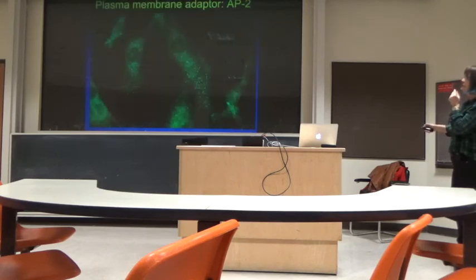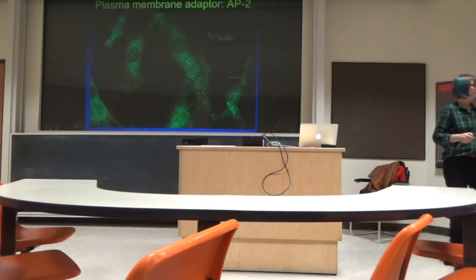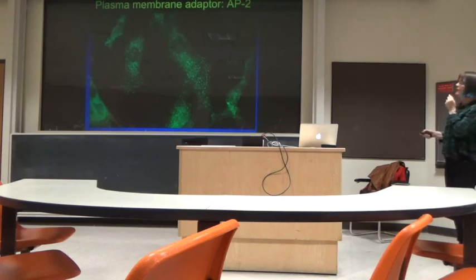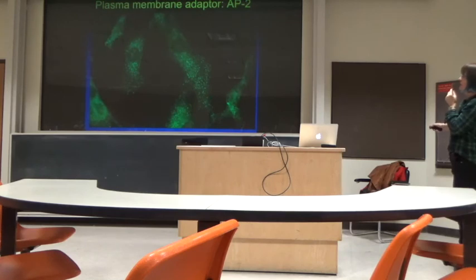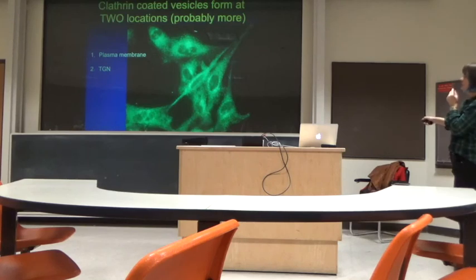And the other adapter that she purified was AP2, and what she could see, we might need the lights down if we can control that. The AP2 antibodies she raised were dots all over the cell, and you don't see a particular concentration around the nucleus. So if you add up the discrete patterns of AP1 and AP2, what you see is exactly what she had before.